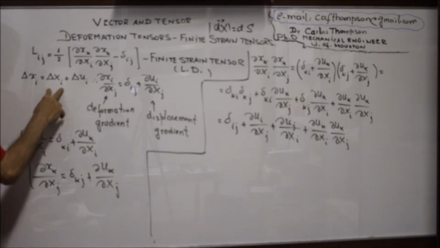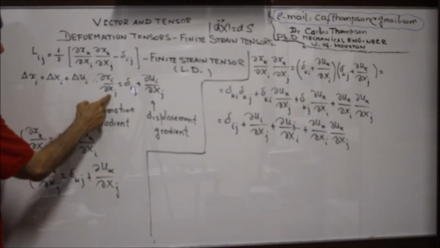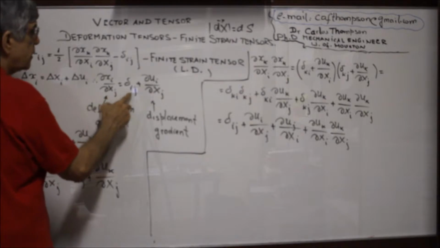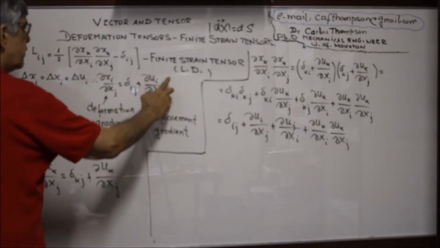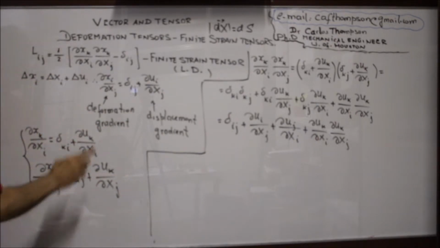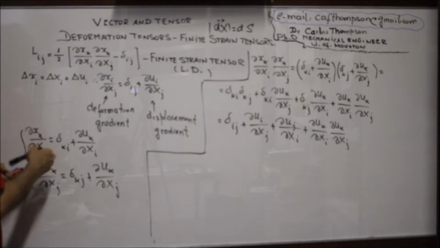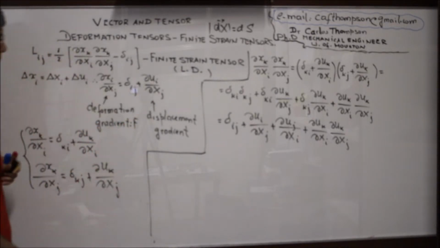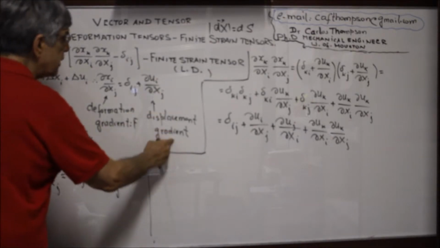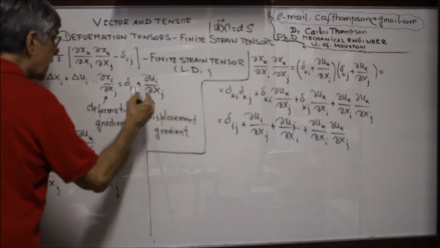Remember, we did in a few lectures before: xi equals Xi plus ui, so the derivative with respect to capital Xj is delta ij plus the partial derivative of ui with respect to Xj. Remember that this is the deformation gradient, which we call F, and this is the displacement gradient, the partial of ui with respect to capital Xj.